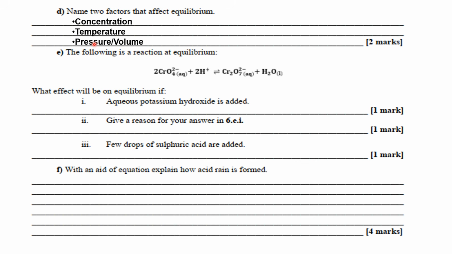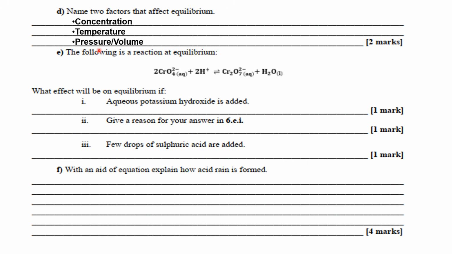And then pressure, which applies only to gaseous products, like the Haber process, which involves gases. You have nitrogen gas reacting with hydrogen gas, both of them gases, to produce another gas called ammonia. All right, so if we want to produce more ammonia, we just have to increase the pressure on the reactants, so we shall have more ammonia forming.